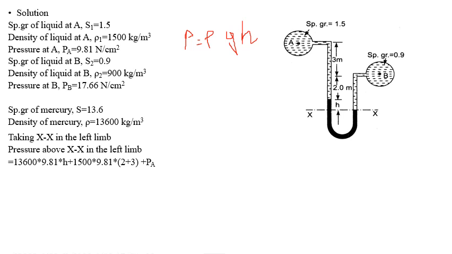For that reason, the pressure available up to this point is ρ, the density of the mercury, that is 13,600, then the G value is constant 9.81, and the height is taken as H. The same thing is substituted here up to the mercury level.